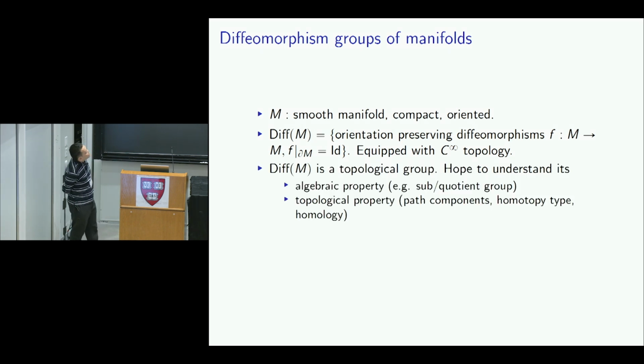Historically, there have been two main streams to understand this object. One is from an algebraic perspective, namely studying the diffeomorphism group as a group, studying its group structure. Like we want to understand what the subgroups of this diffeomorphism group are, and what the quotient groups are.